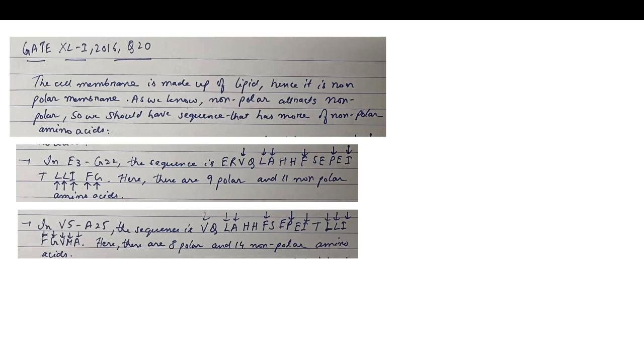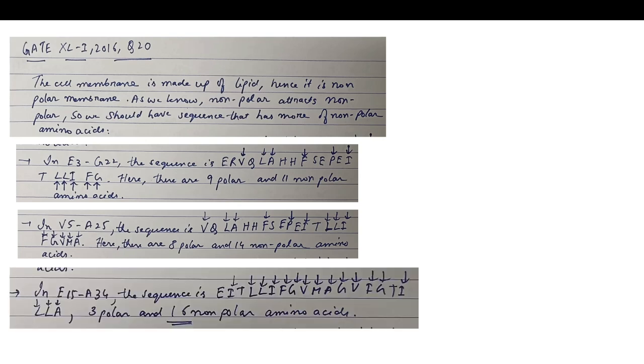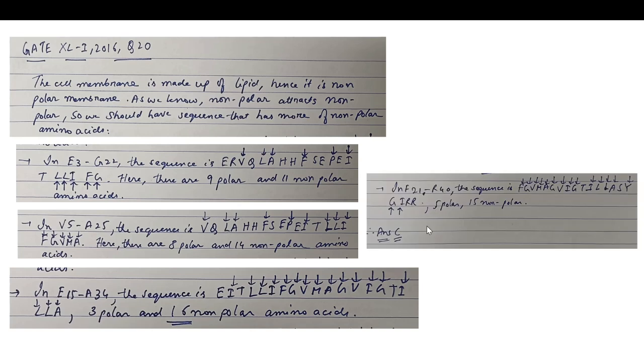In the second option, if you count again, there are 8 polar and 14 non-polar amino acids, which is greater than option A. So option B is suitable, but it is not the correct one. Let us check the other two options. In option C, there are 16 non-polar amino acids, greater than both A and B. And in option D, it is 15 non-polar amino acids.